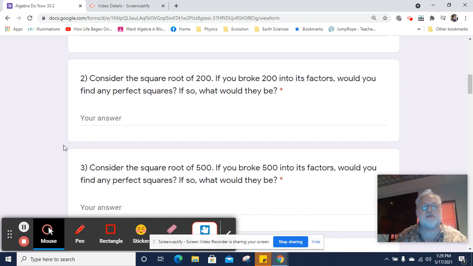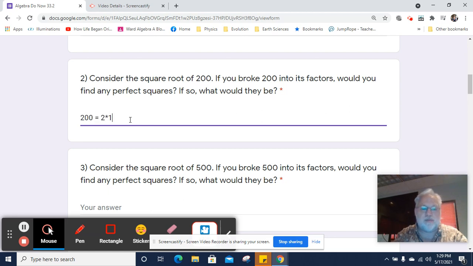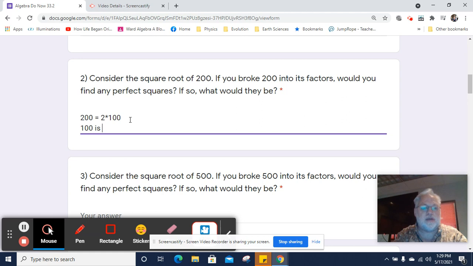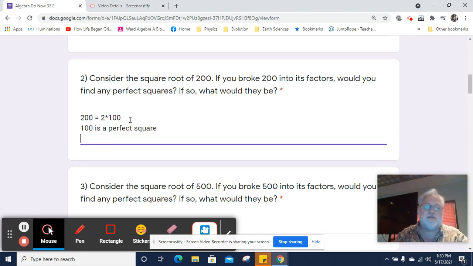Now let's consider the square root of 200. If you broke 200 into its factors, would you be able to find any perfect squares? Absolutely you could, because 200 equals 2 times 100, and 100 is a perfect square. And what you can do with that is get the square root of 200.